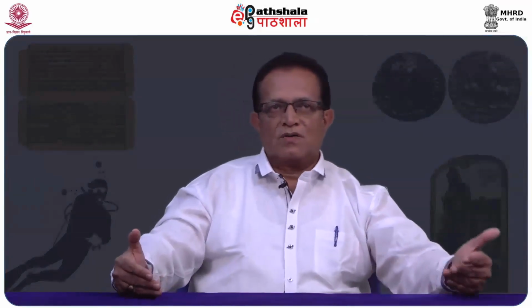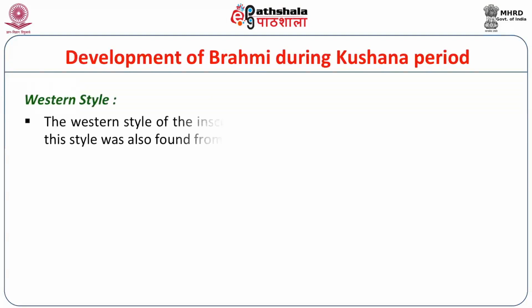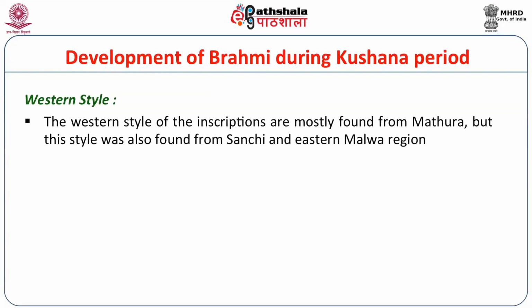Earlier we have seen the Eastern style, and now what are the important aspects connected with the Western style, we may just see. The Western style of the inscription is mostly found from Mathura, but this style was also found from Sanchi and the Eastern Malwa region.